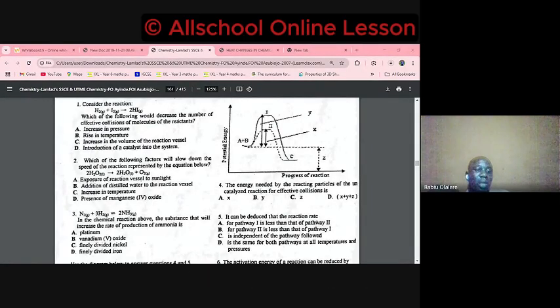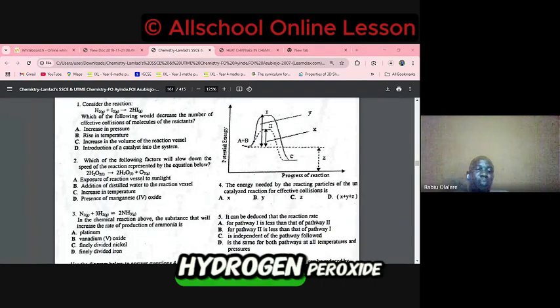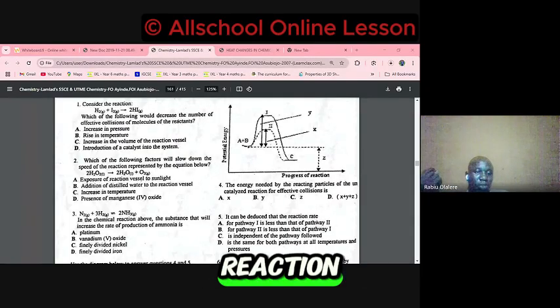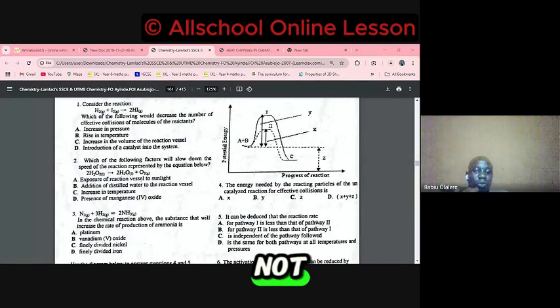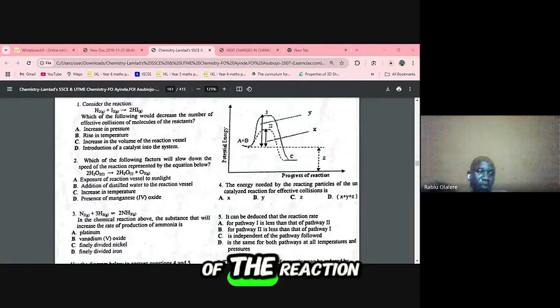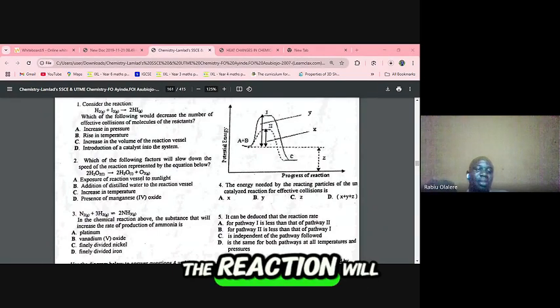So the decomposition of hydrogen peroxide is a photochemical reaction. When you expose it to sunlight, the rate of the reaction will increase. We are looking for the one that will slow down the reaction, that is, decrease the rate of the reaction. So A is light. In the presence of light, the reaction will be faster.